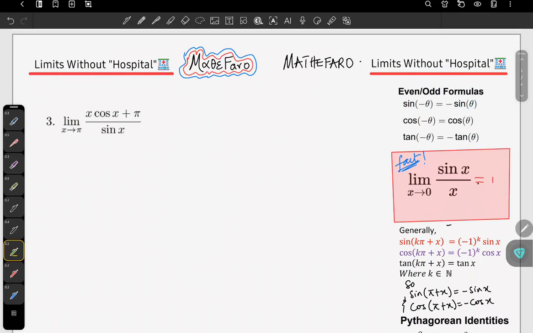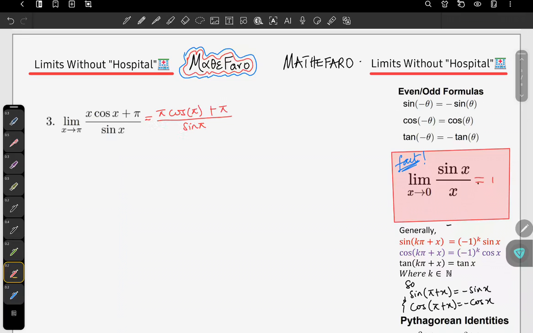As usual, the first thing we'll check is if we can do it by direct substitution. If we put in x equals pi, what do we get? We get pi times cos pi plus pi, over sine pi.